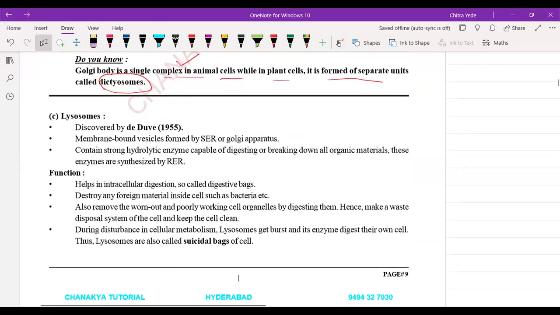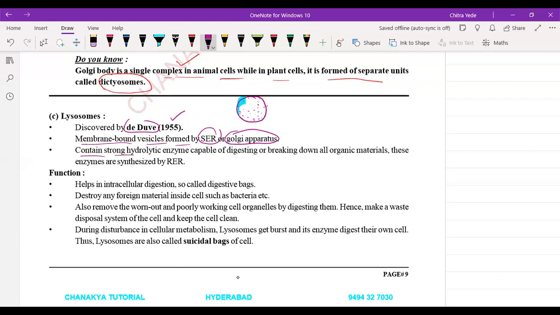Now we have the lysosome. Again, very important. Lysosomes appear like this. This is the lysosome. It was discovered by De Duve in 1955. It is a membrane-bound vesicle formed by the smooth endoplasmic reticulum or by the Golgi apparatus.